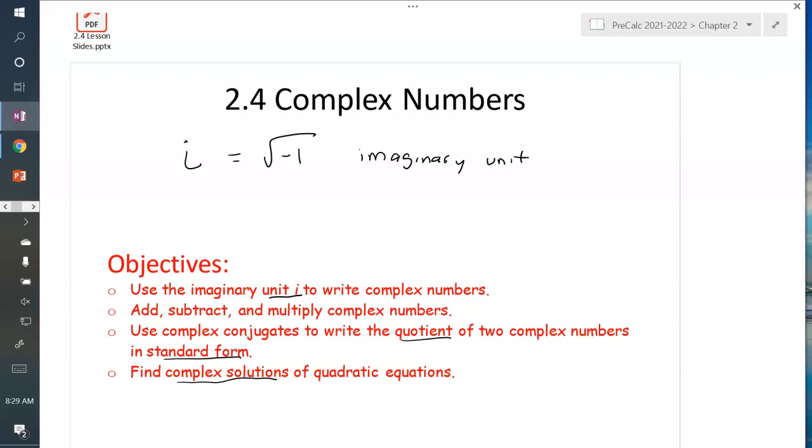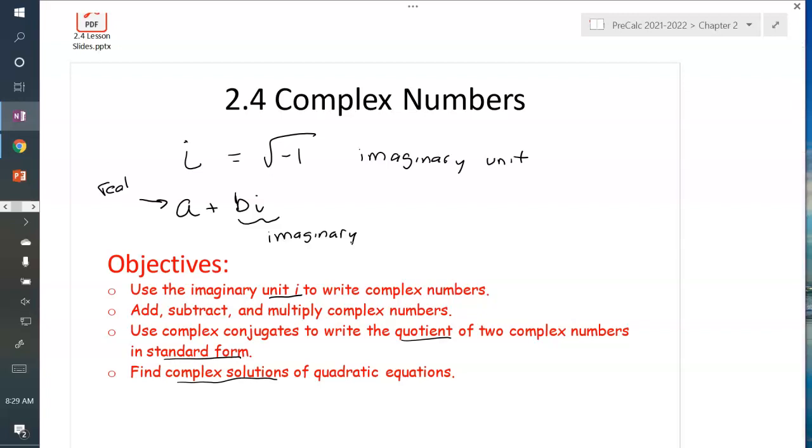A complex number just means that it has an imaginary part. We often write it in standard form a plus bi, where a is a real number, and b is a real number, but bi is imaginary. So think of it as a real plus an imaginary.